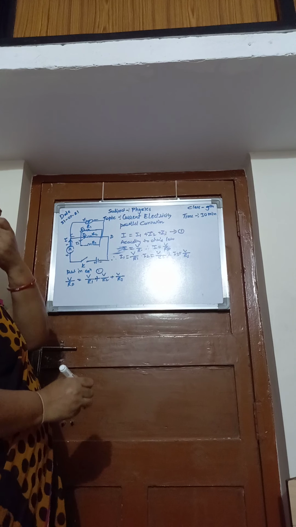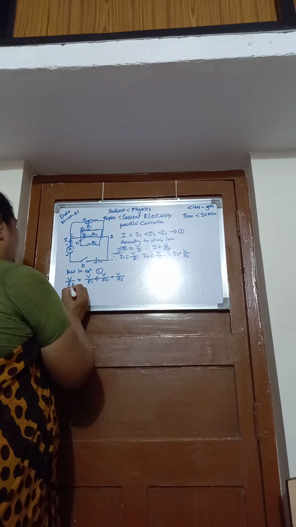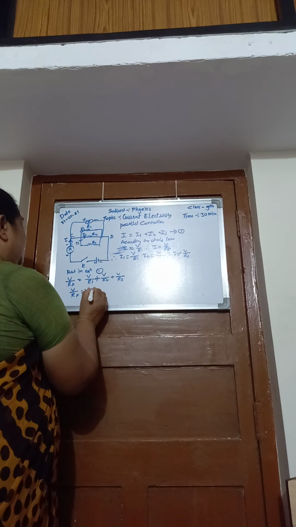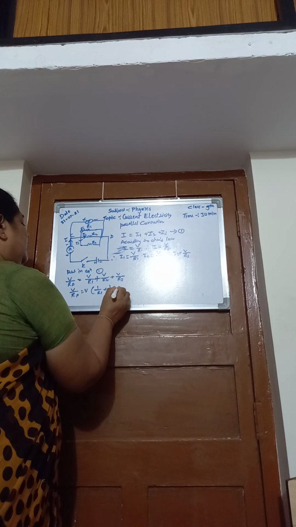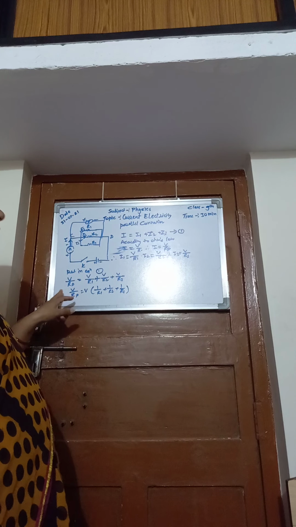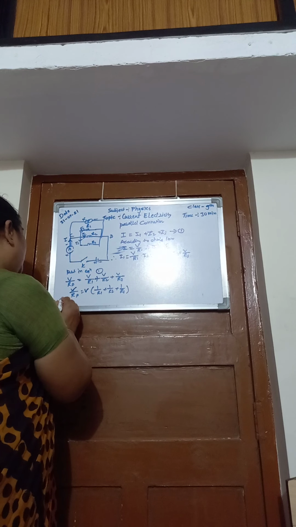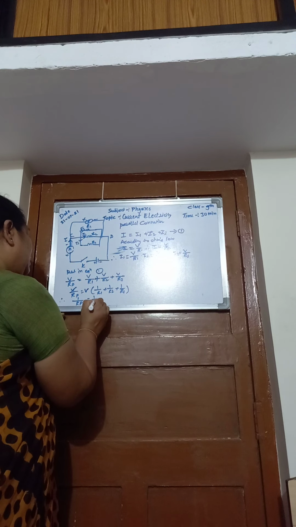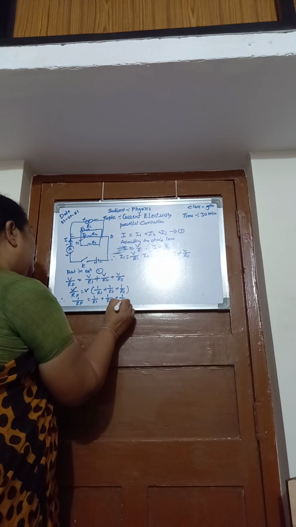Okay. Then take V common from both the sides. V upon RP equal to V common, 1 upon R1 plus 1 upon R2 plus 1 upon R3. Got it? Take V common from both the sides and cancel it. Therefore, 1 upon RP equal to 1 upon R1 plus 1 upon R2 plus 1 upon R3.